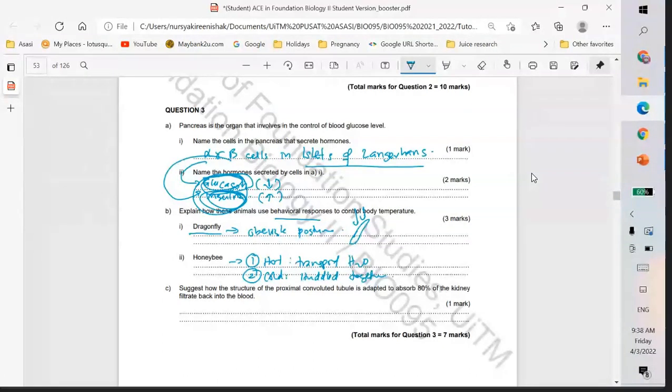Okay. So I want to ask, if the temperature is hot and the bees bring water to the hive, do they stop there? How does the colony of bees cool down the temperature in the hive? They bring water, then what do they do?